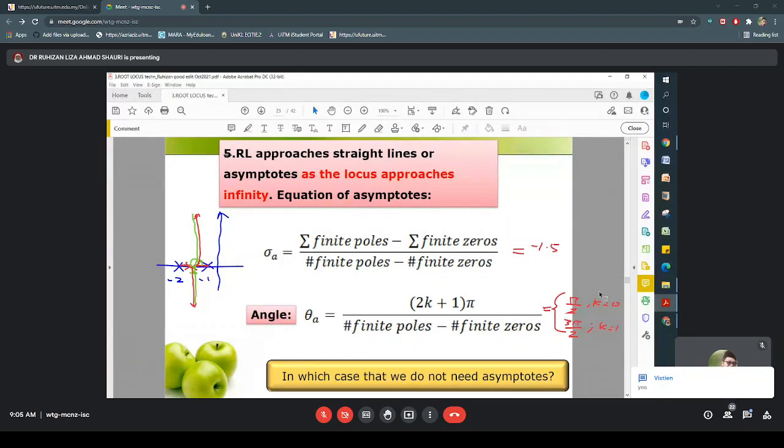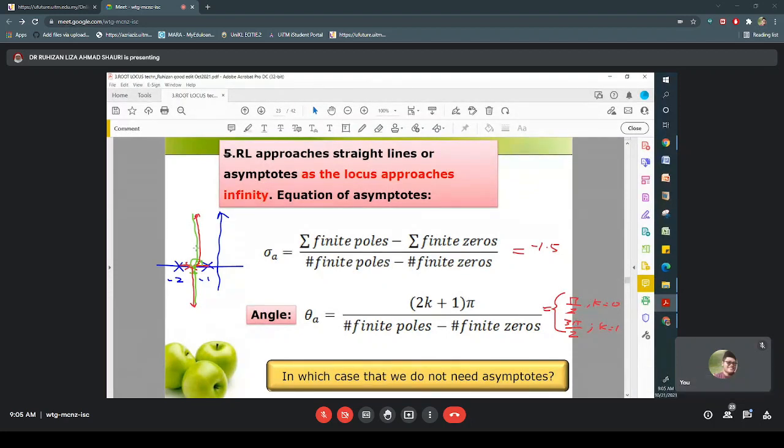In this case, I repeat. You look at your open loop poles and zeros using the 4 basic rules just now. How many branches? Left, right, from the third rule. Then you found no finite zero, so it goes towards infinite zero.